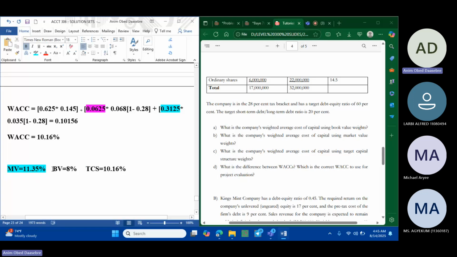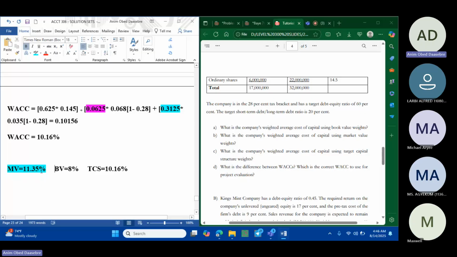So perfect. The market value is based on current estimations in the market, and the market value is objective because it is current.